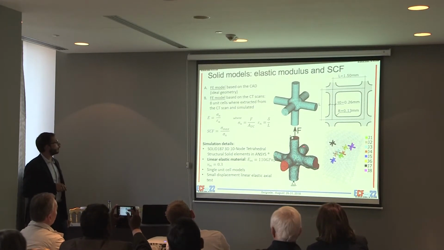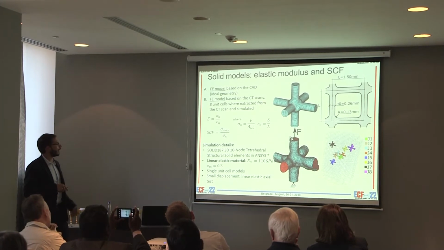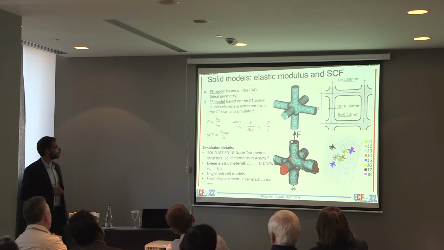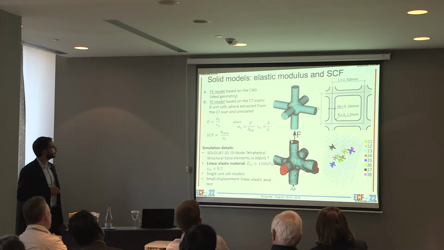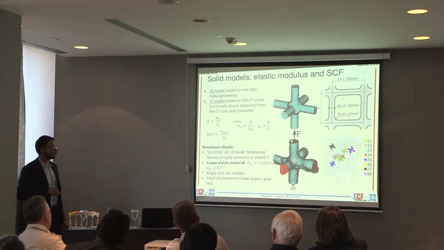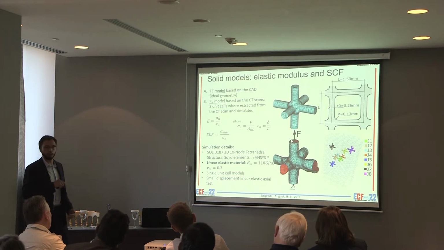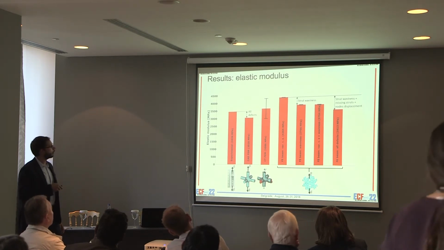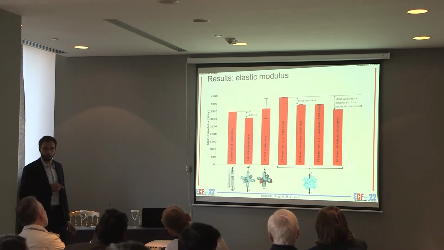In this case, the elastic modulus was measured, and also the stress concentration at the junction. The stress concentration was defined as the maximum von Mises stress at the junction divided by the homogeneous nominal stress acting on the unit cell. So to go to the results, here are the results regarding the elastic modulus.